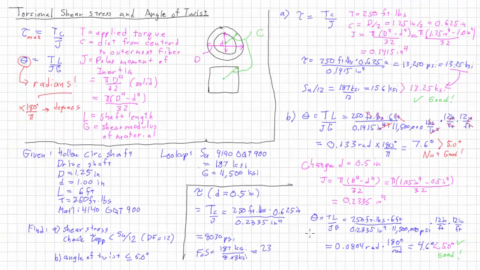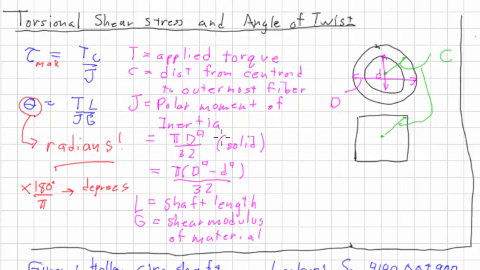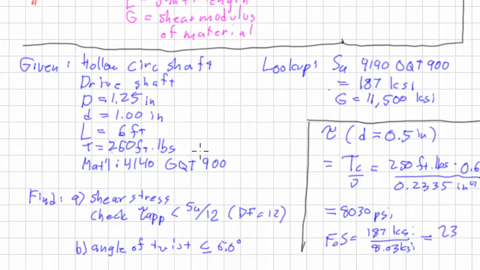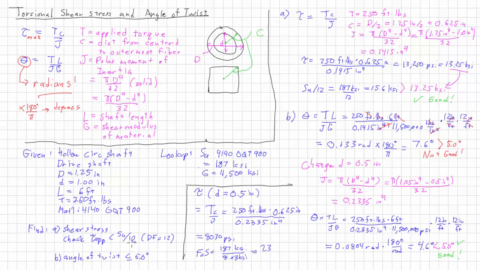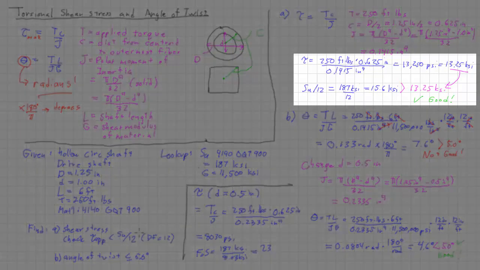Okay, for this particular lecture and problem, we considered torsional shear stress, discussed a little bit about what it was, and introduced the equations, and went over what the different variables were and some of the pitfalls that I hope you can avoid. Then we had a problem where we were given a drive shaft with various dimensions and a material choice. We had to look up some stuff for that material choice in order to find the shear stress and check that the applied stress was less than the ultimate strength over 12.